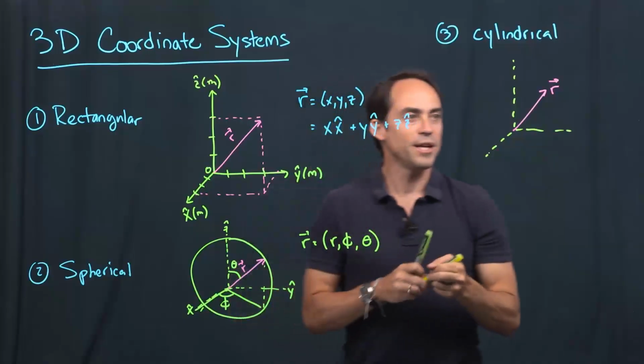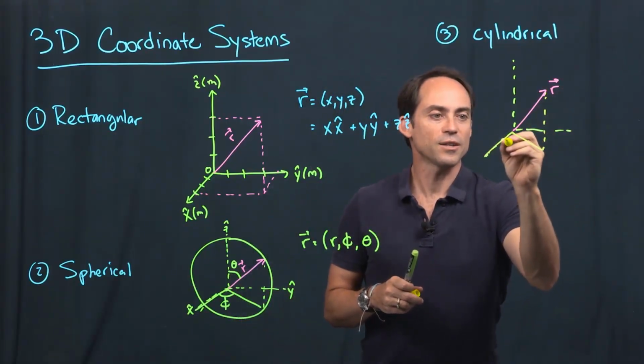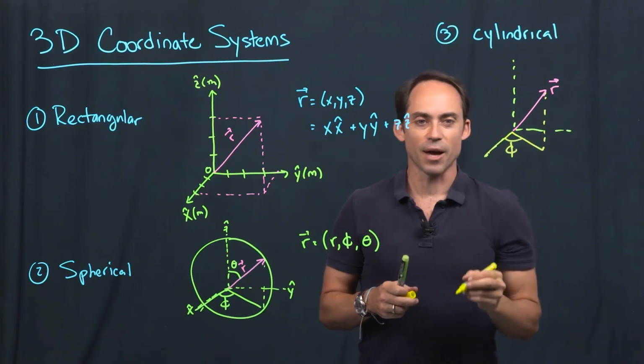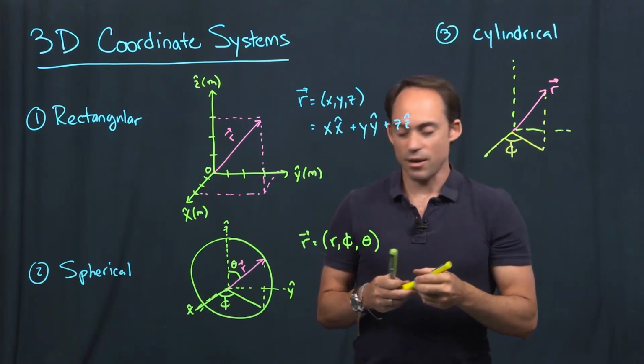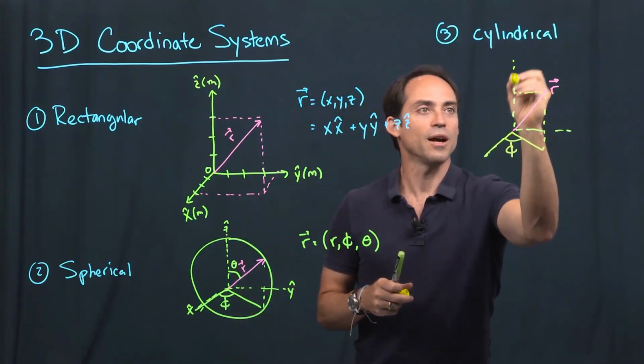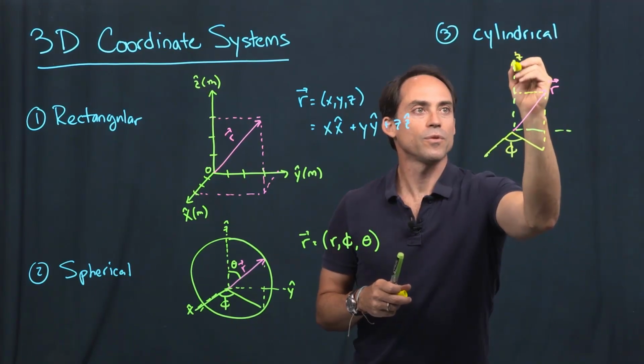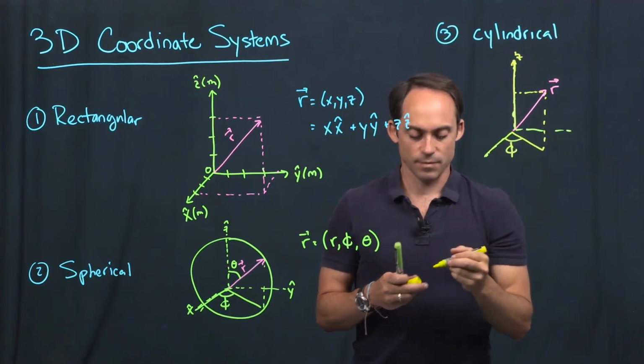is going to be a combination of what the projection is along the xy plane, so again specified by an angle phi, but all we then care about on the z-axis is where it is up here on the z-axis. Okay, so in fact that axis is still in there.